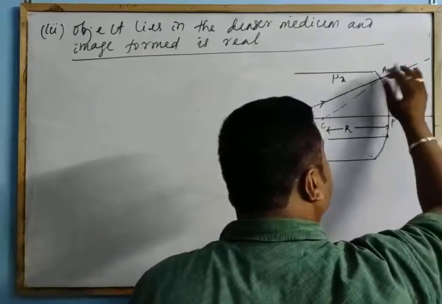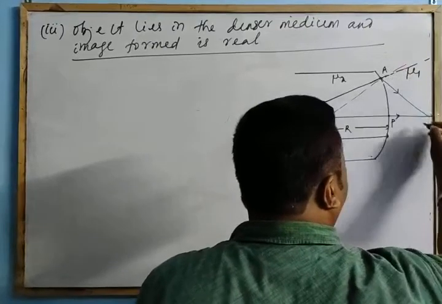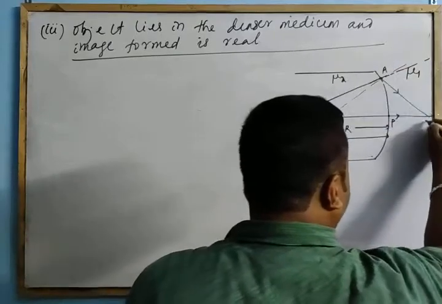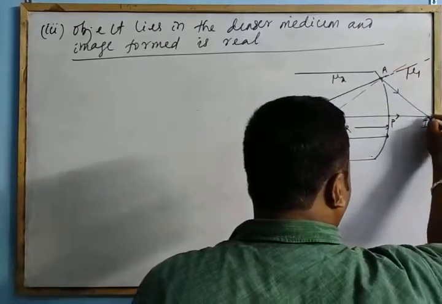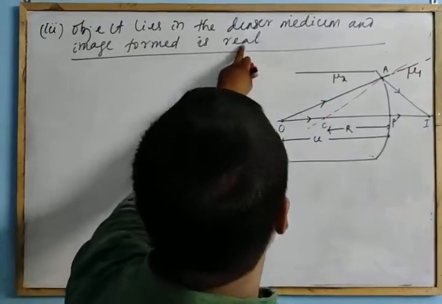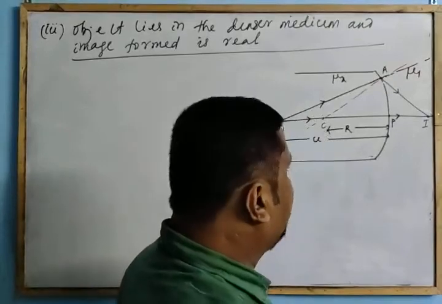Let me show it like this. The rays OP and OA after refraction meet at the point I, which is the real image of an object in the denser medium.